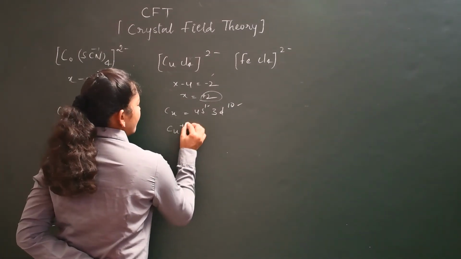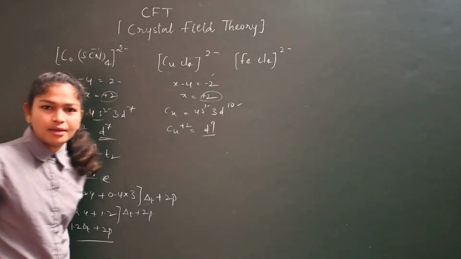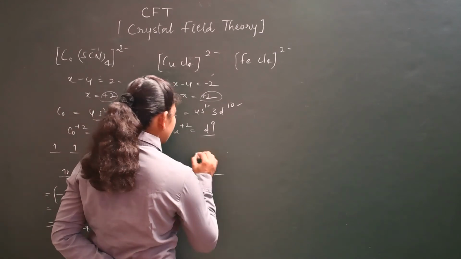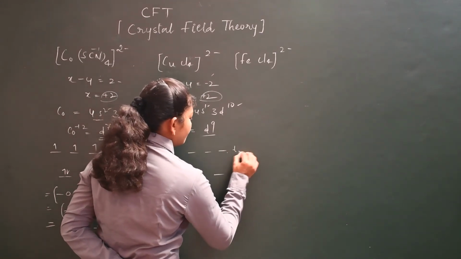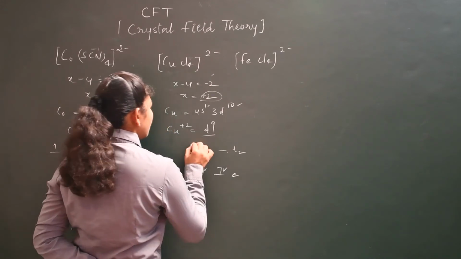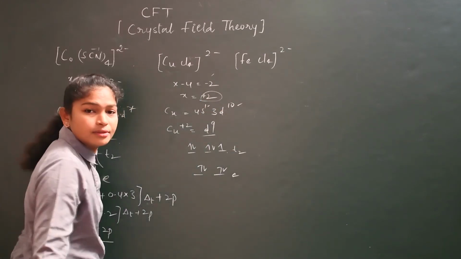Then Cu plus 2 is a d9 system. This is weak field. So how do we fill the electrons? 1, 2, 1, 2, 3, t2, then e, 1, 2, 3, 4, 5, 6, 7, 8, 9.